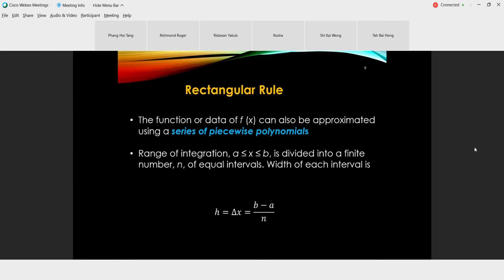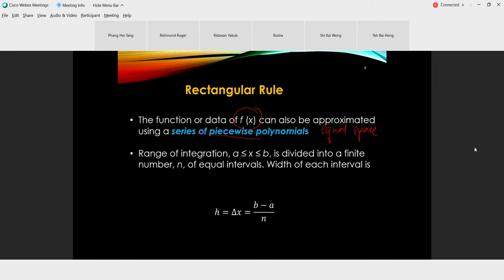If we have a function or data f(x), we can approximate it using a series of piecewise polynomials. So this is what we call equal space. And our equal space now, the shape is rectangular.